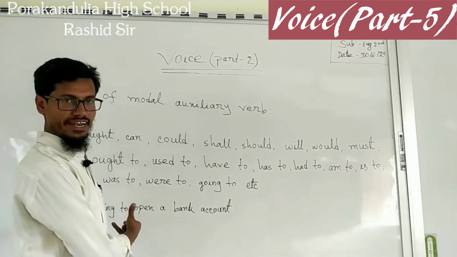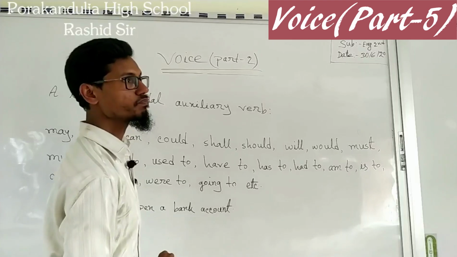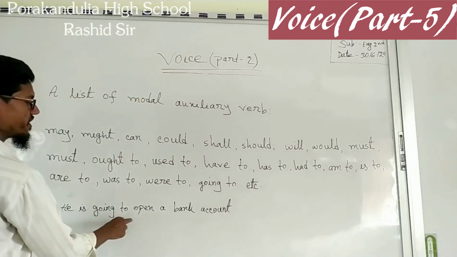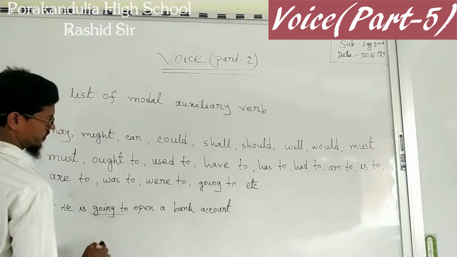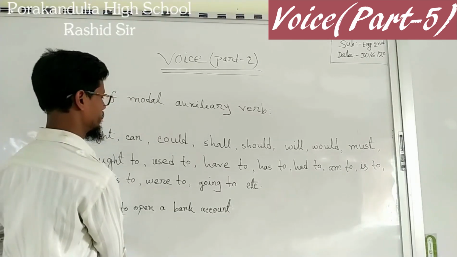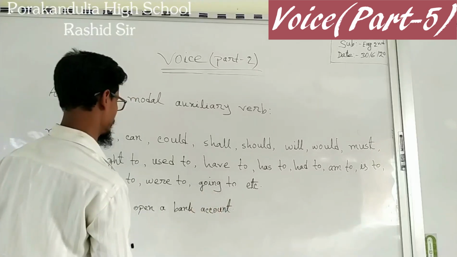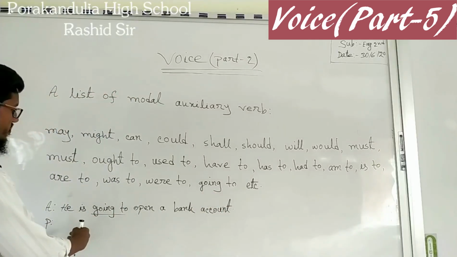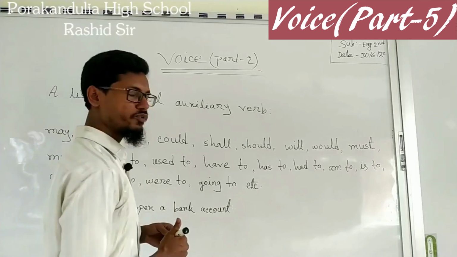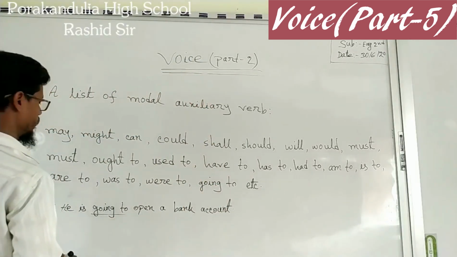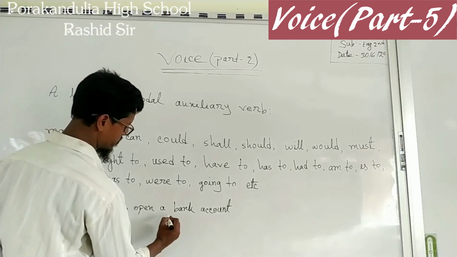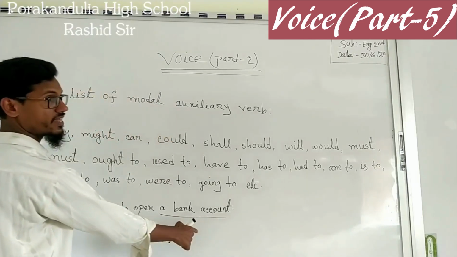Please look at an example with a modal auxiliary verb. He is going to open a bank account. In this sentence, going to is a modal auxiliary verb. So for changing into passive, I have to use be after the modal auxiliary verb going to. My first work is, a bank account is the object of this sentence.